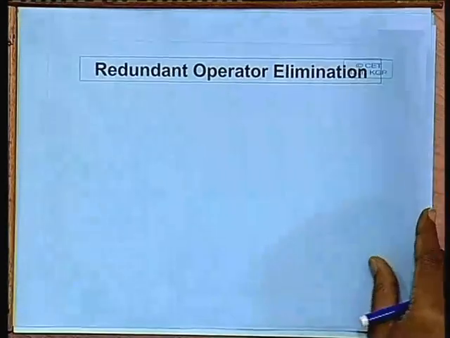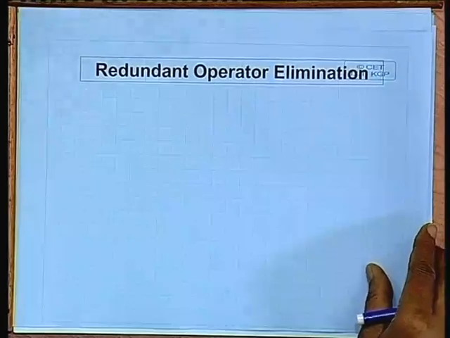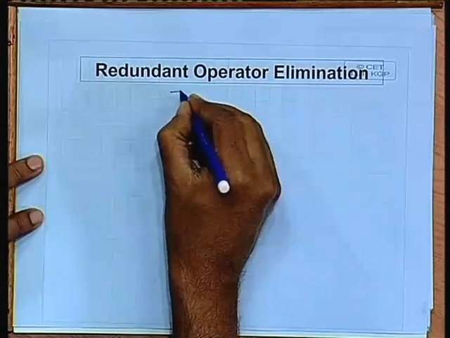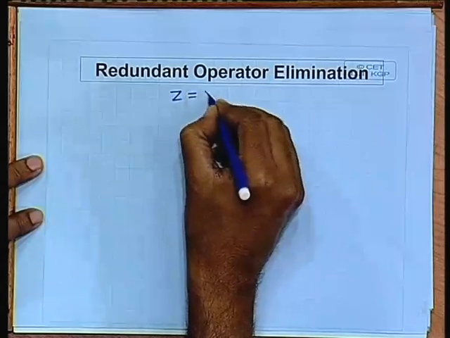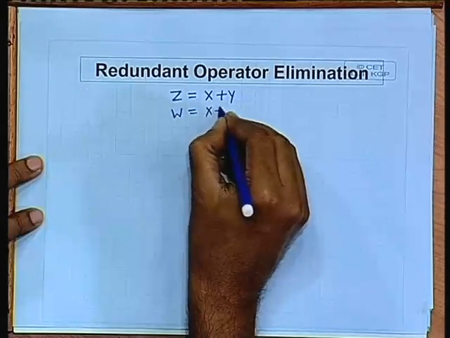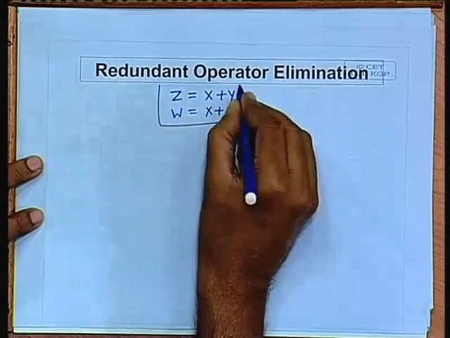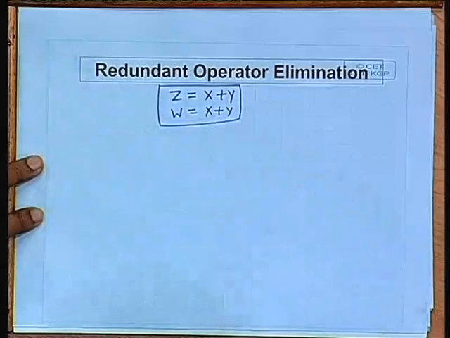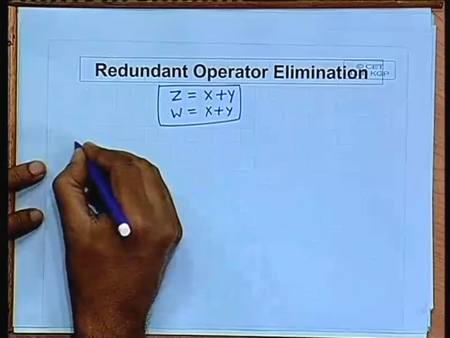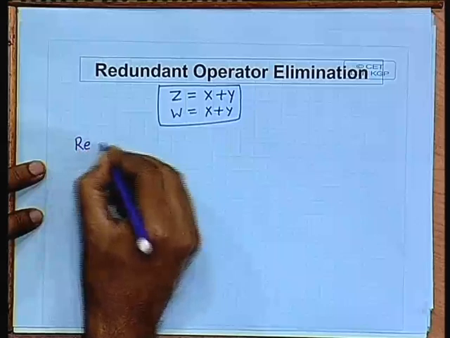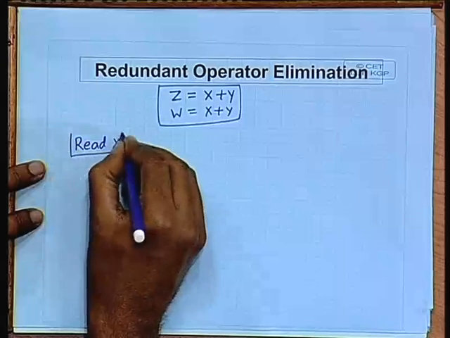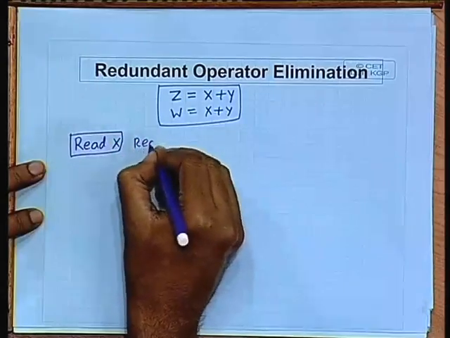Redundant operator elimination. Well, this we had already illustrated in an example earlier, but let me show you again with an example. Suppose we have two statements, z equal to x plus y and w equal to x plus y. Obviously you can see that x plus y is a common operator. So, with respect to the DFG, the kind of transformation that will take place is this. In the original diagram, it will be something like this.